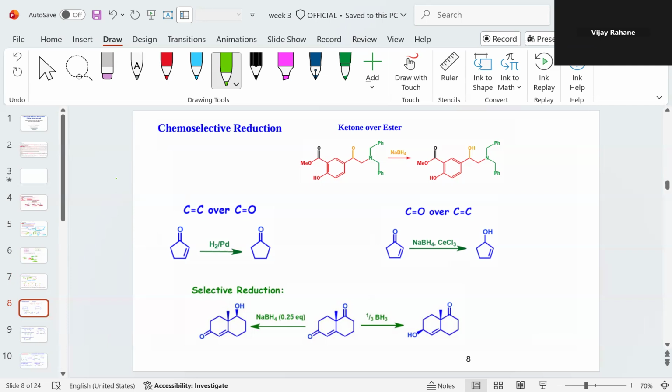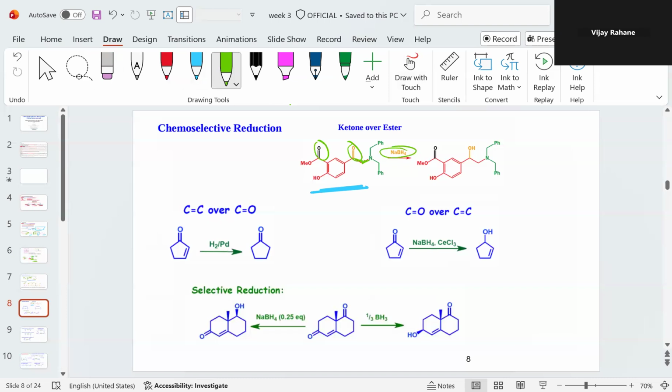So this is another chemoselective reduction reaction. If you look at this reaction, this is the starting material which has the ester. Then here there is one more carbon, and then this is the carbonyl. So this is basically a ketone, and this is the ester.